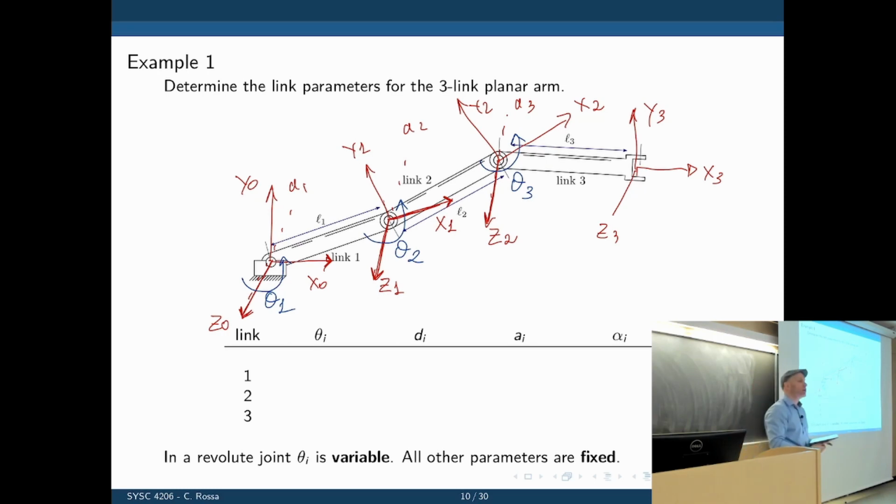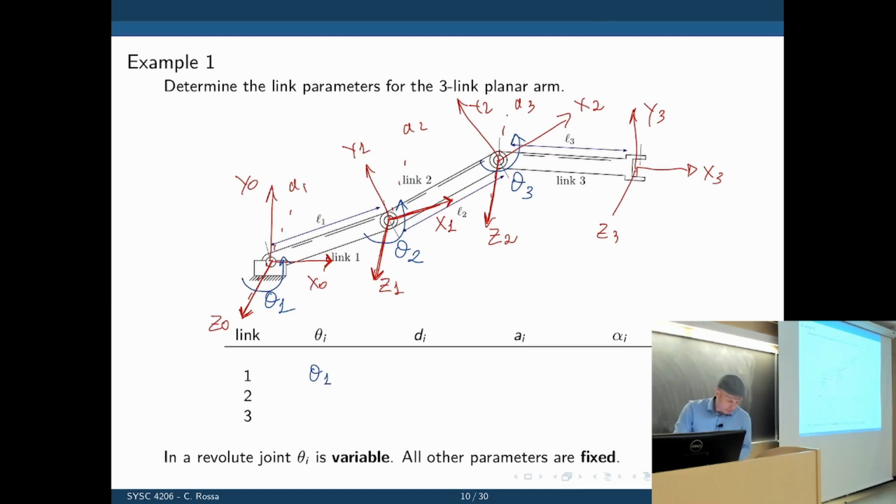What's that amount? It is theta 1. We have theta 0 going this way, theta 1 is going slightly up. So it was rotated by a certain amount around that axis coming out, around z0, by theta 1.